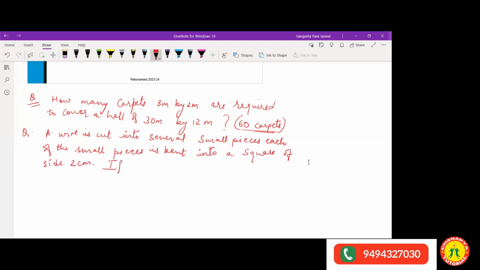Ma'am, 60 carpets. Okay, very nice. If the total area of the small squares is 28 square centimeters, what was the original length?